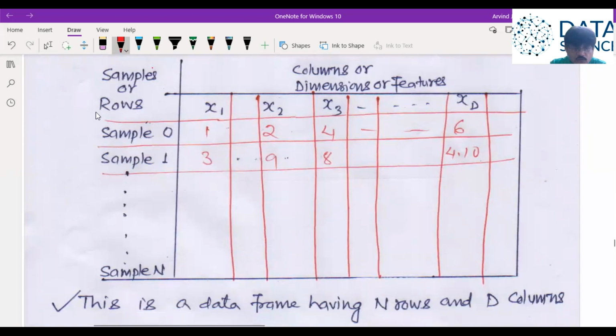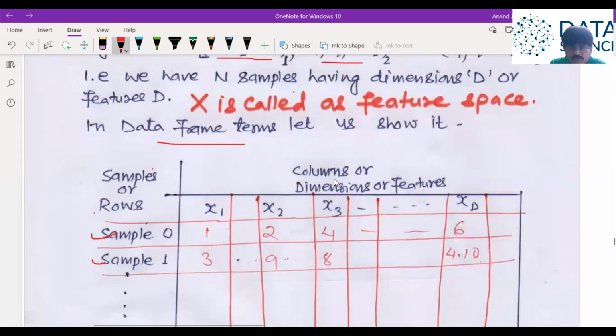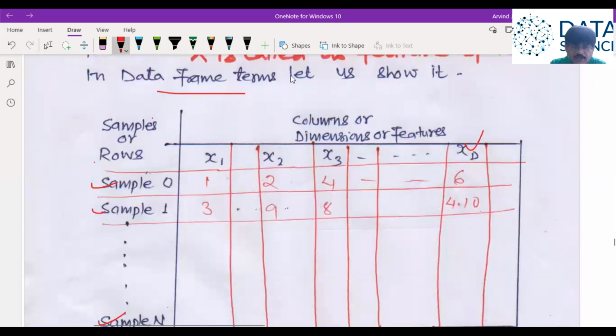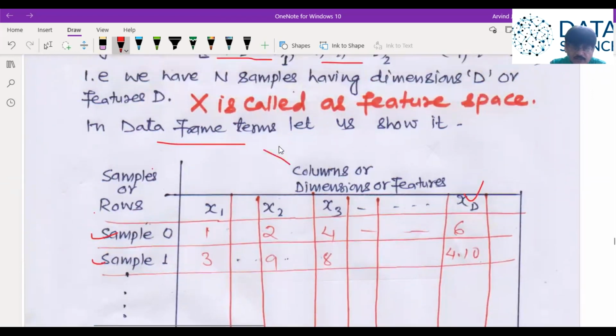These rows are sample 0, sample 1 to sample n, and we have the columns x1, x2, x3 to xd. This data frame is in X space.